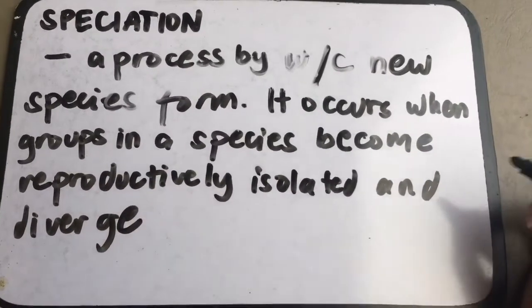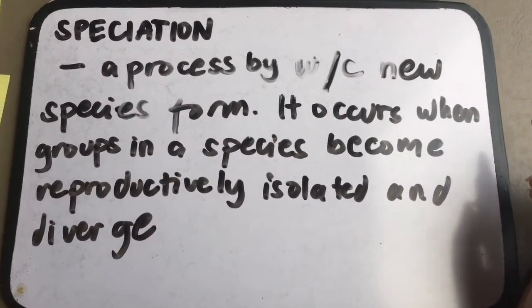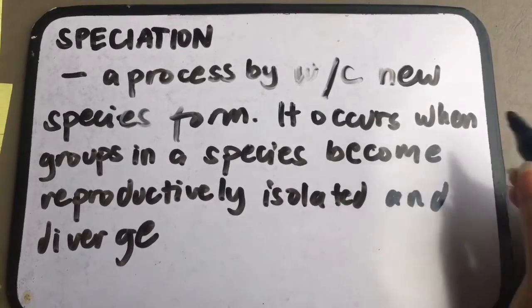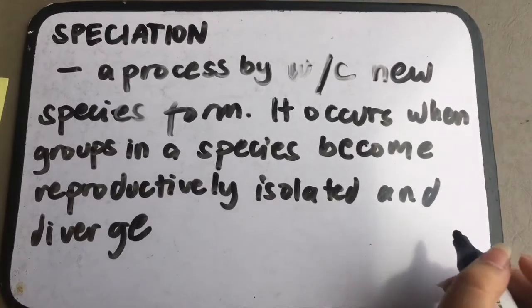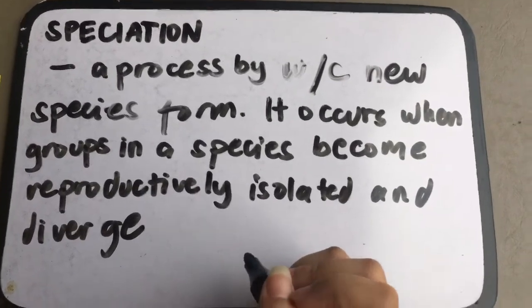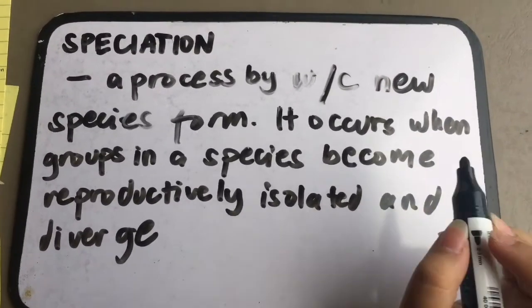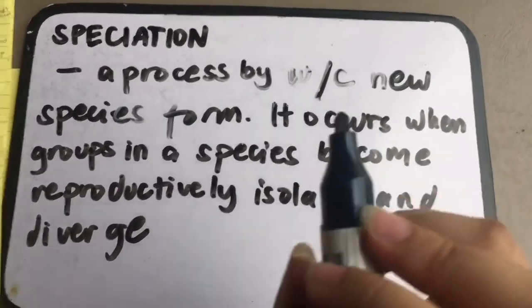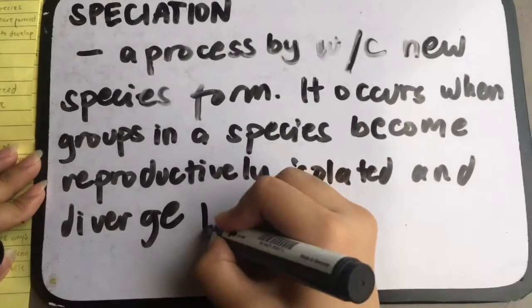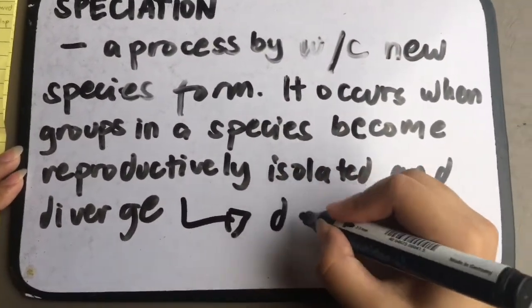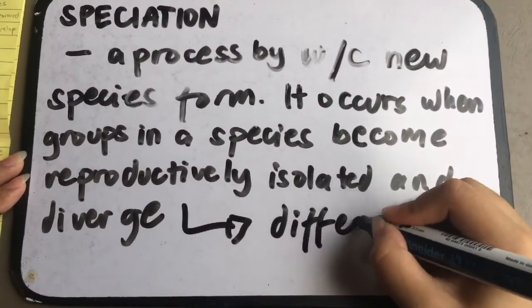So, speciation is a process by which new species form, and it occurs when groups in a species become reproductively isolated and diverge. So, speciation is a process which creates a new form of species. So, it is an example of the different species that we discussed earlier.